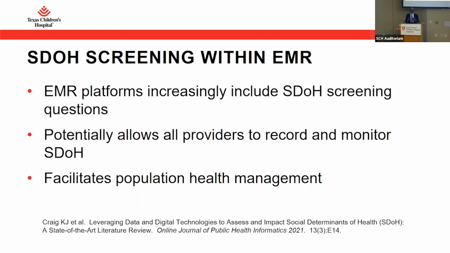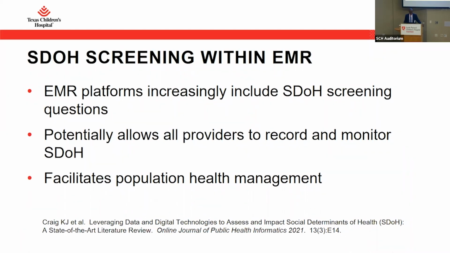So now you have EMRs, whether it be Epic, I think you all have Epic here, correct, or other platforms. Now there are specific screening questions and wheels and different things that they call them to specifically screen for social determinants of health. And the value is that all providers can actually enter in what they've screened and report it and monitor it, and everyone can see, different subspecialists can see. So you get a whole view of the patient.